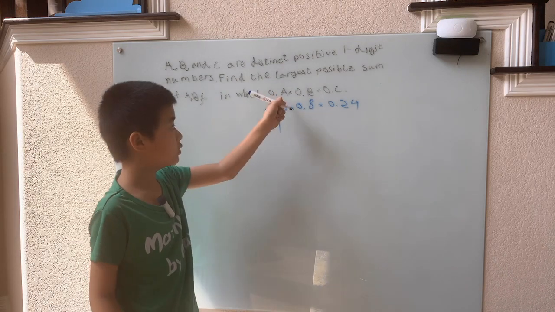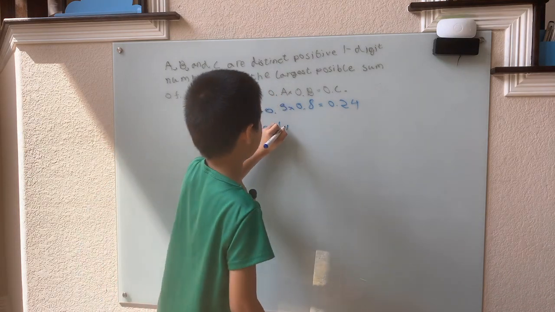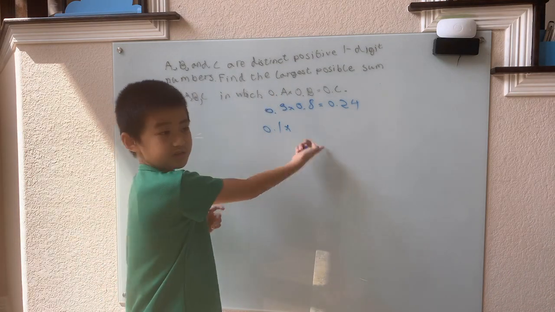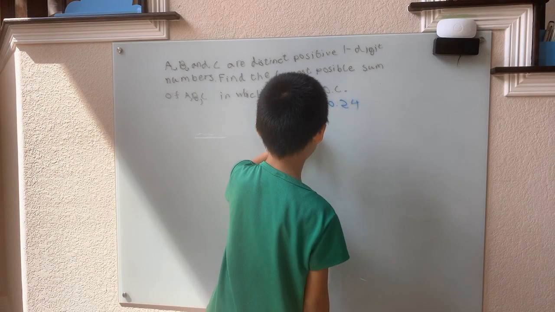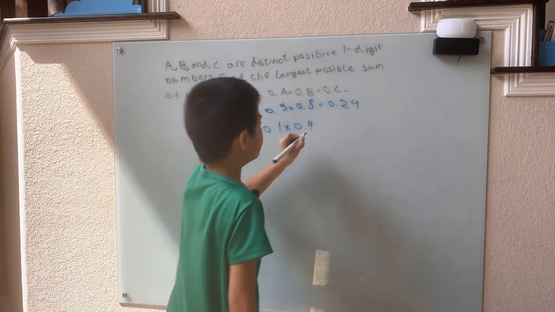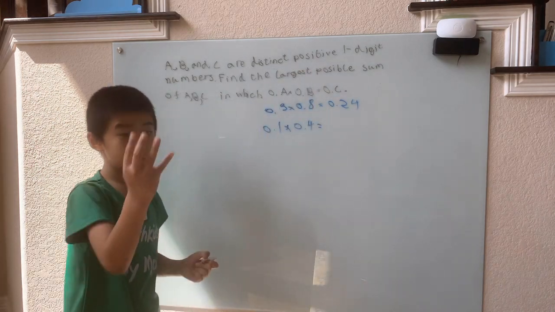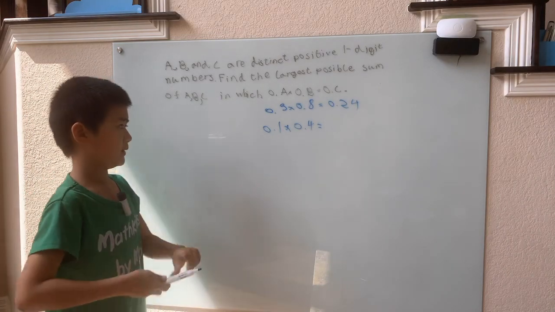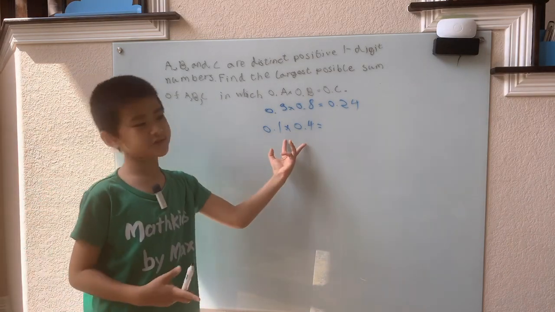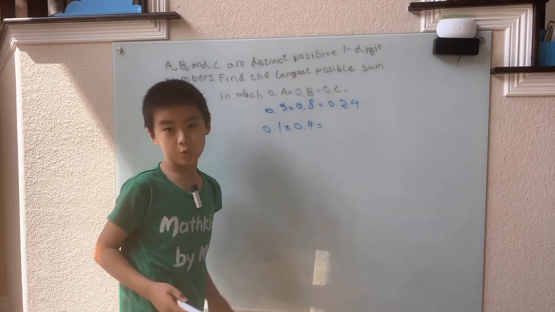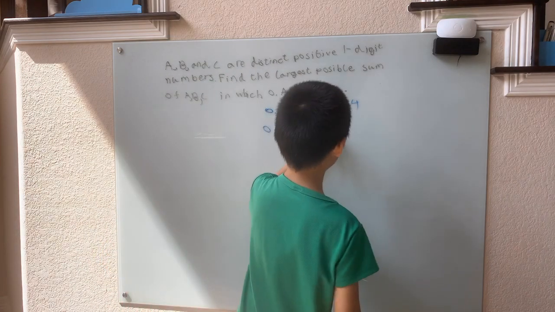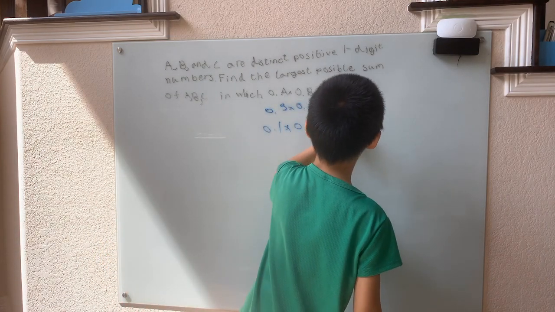If we let one of the digits be 1, and the other digit be something else, 4, then 1 times 4 is 4. That's a 1-digit number, but 1 and 4 are 2 digits after the decimal point, so we have 2 digits after the decimal point.